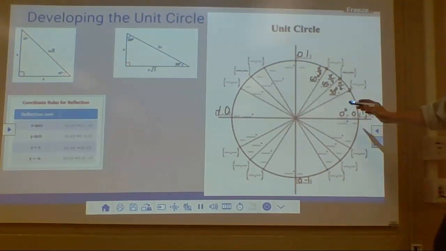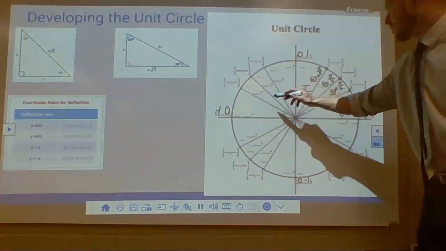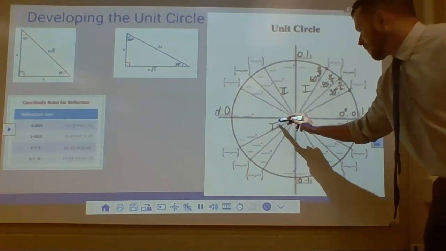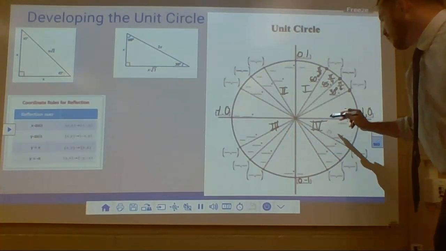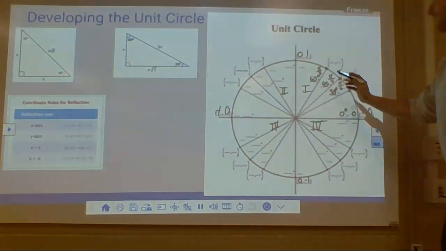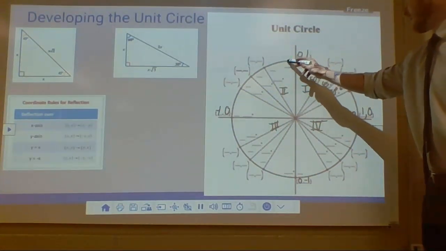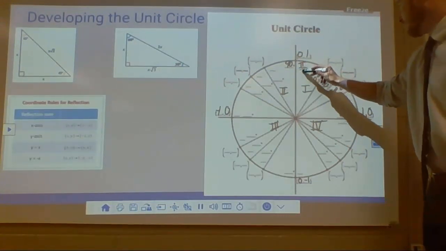And so for each of these quadrants, here we got the first quadrant, second quadrant, third quadrant, and fourth quadrant, right? For each of these quadrants that you go over, we're going over 90 degrees like we've talked about before. So the angle measure here is going to be 90 degrees, which is pi over 2.